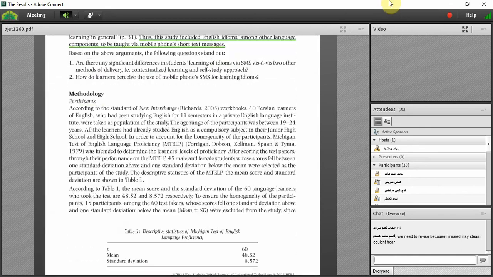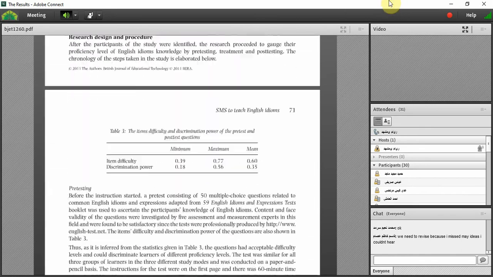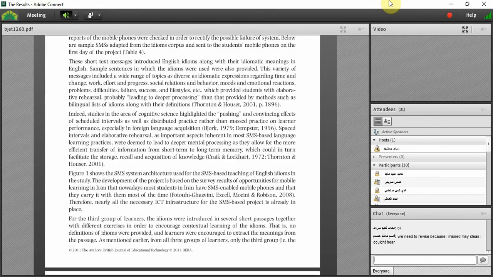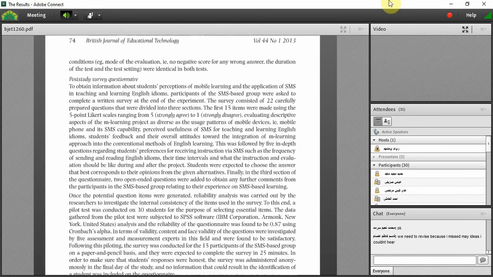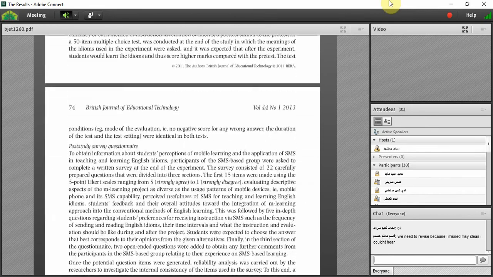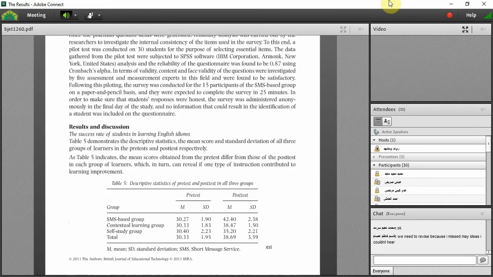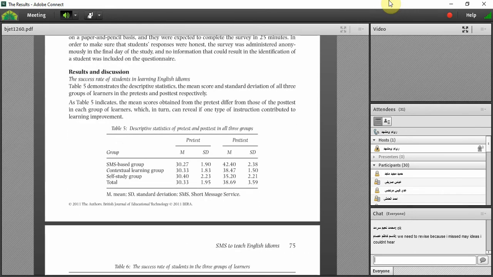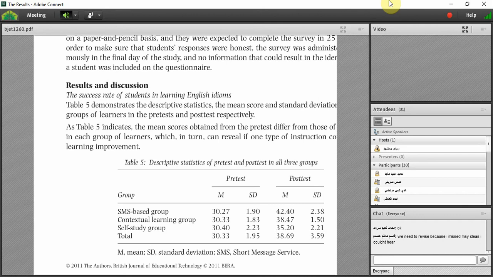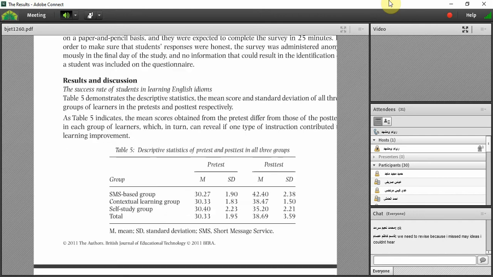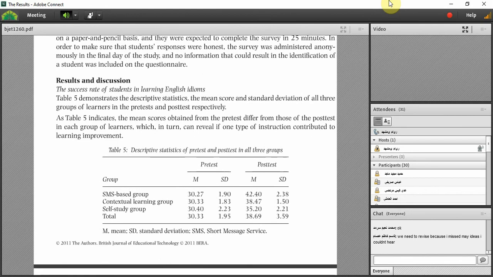See? This is the methodology, and after that, we have the results section. Let me tell you a very important point, my dear students. Sometimes in some articles, the results and discussion sections come under one heading. You see what I mean?